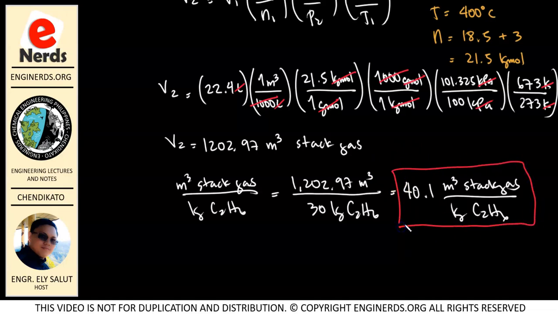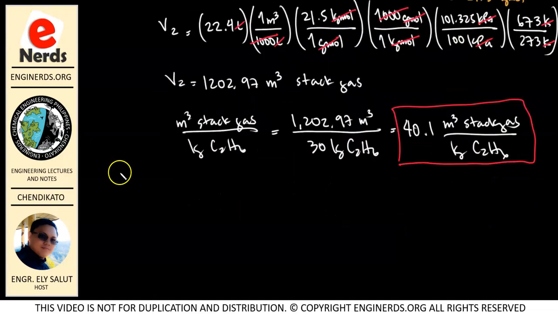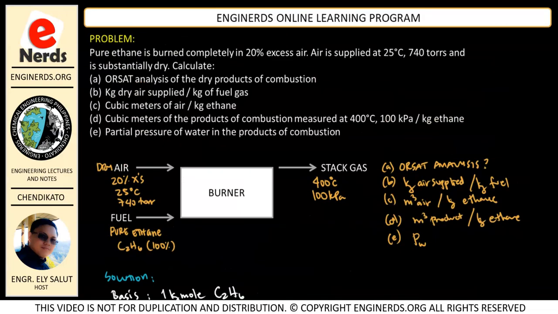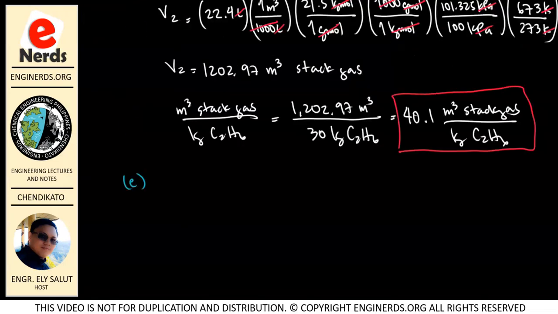Okay, so finally, our last question. Okay, so isa na lang. Let's have it here. So ang hinahanap natin dito is, I think, partial pressure of water in the product. Okay, so we need to get the partial pressure of water at stock gas.